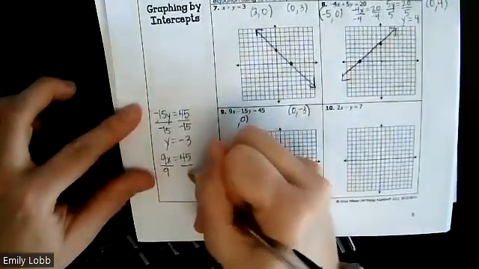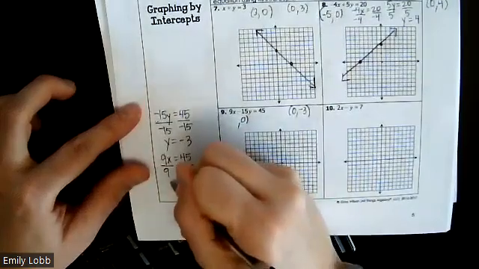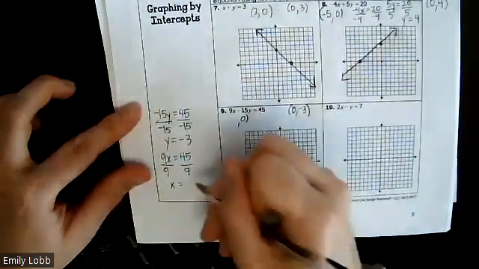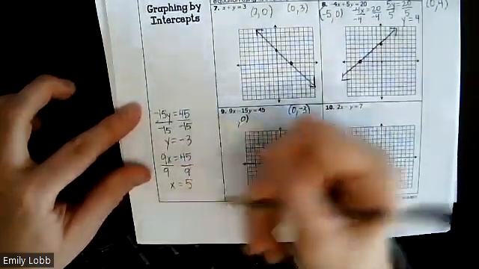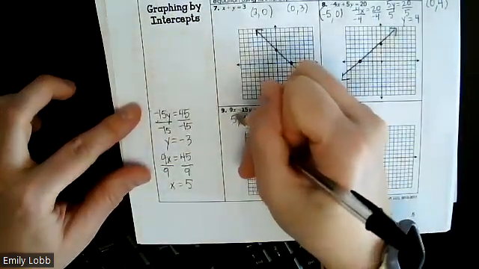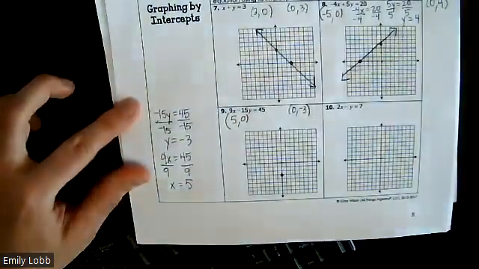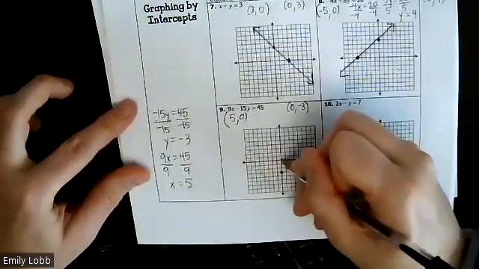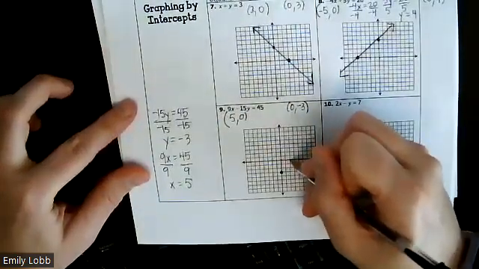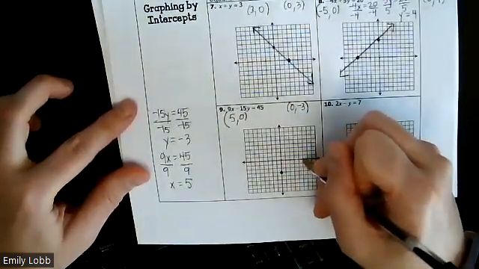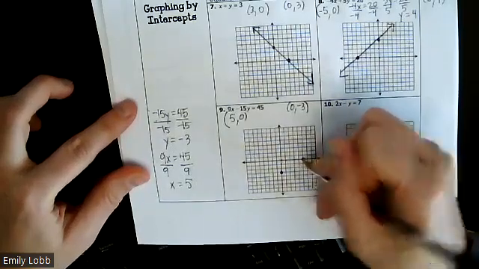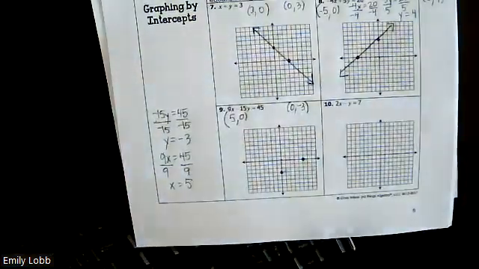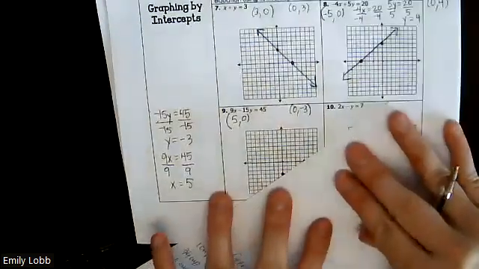So we're dividing by the coefficient still, and x is equal to 5. So we're going to plot that point. Starting at the origin, we're going to the right. 1, 2, 3, 4, 5. From any 2 points, we can draw a line.